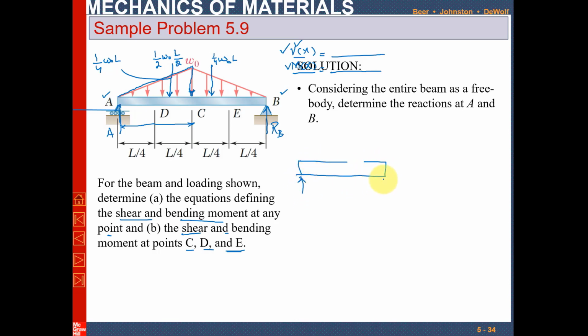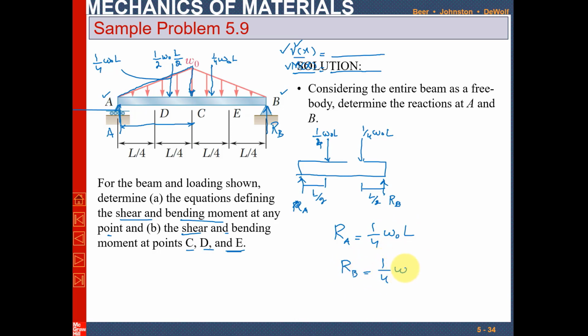These will be the reaction forces, and these will be concentrated loads, each 1 by 4 W naught into L. The length is L by 2, and again the length is L by 2. Now you can use the equilibrium conditions to find the reaction forces at RA and RB. When you solve it, RA will be 1 over 4 W naught into L, and RB will also be 1 over 4 W naught into L.